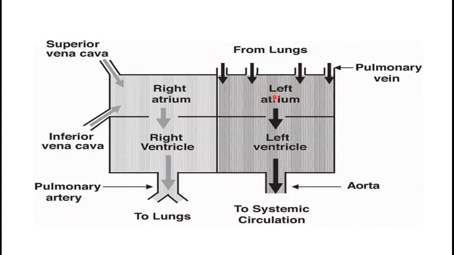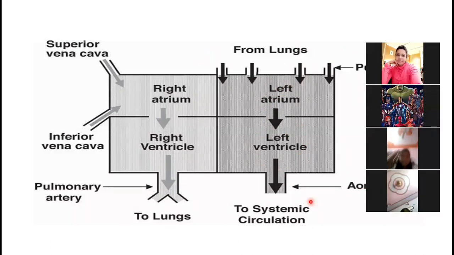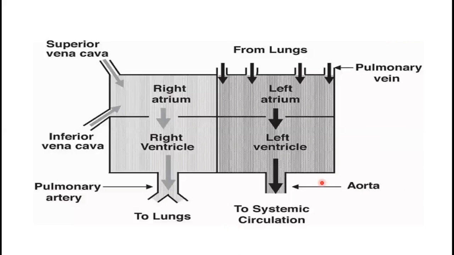From the left atrium, it goes to the left ventricle. From the left ventricle, it goes to the aorta for systemic circulation. What is systemic circulation? Circulation of the body. This oxygenated blood is then circulated in the body to each and every cell of the body.